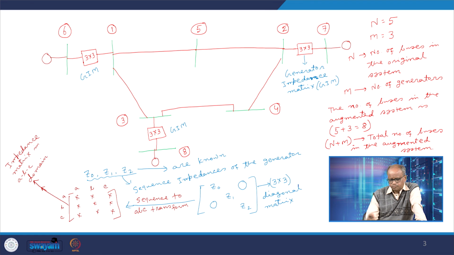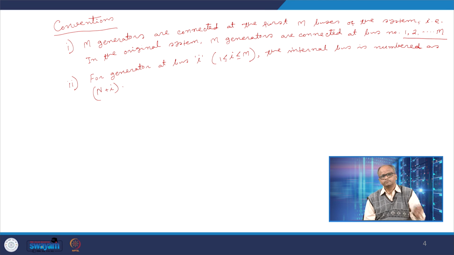Here we said that n is equal to 5. So for bus 1 the corresponding internal bus is 6, which is 1 plus 5, that is 1 plus n. For bus 2 the corresponding internal bus is 7, that is 2 plus 5, and for bus 3 the corresponding internal bus is 8, that is 3 plus 5. Therefore for any general system, for any generator connected at bus I, the corresponding internal bus would be numbered as n plus I.